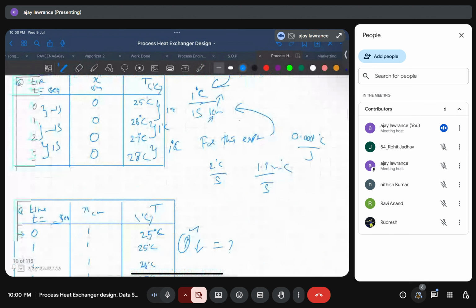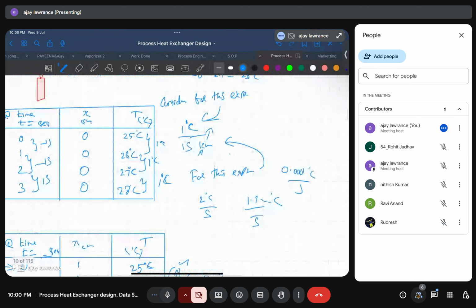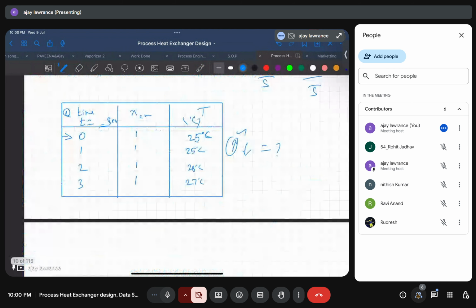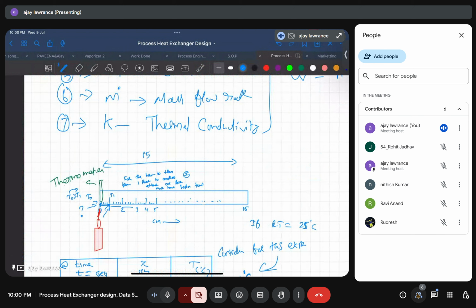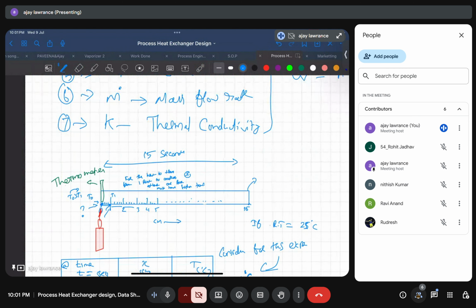So if it is 1 degree Celsius per second, then the heat transfer will be 1 second, 2 second, 3, 4, likewise it will take 15 seconds to travel from this point to this point. After 15 seconds only, this point will have 26 degrees Celsius. Up to now it is clear.